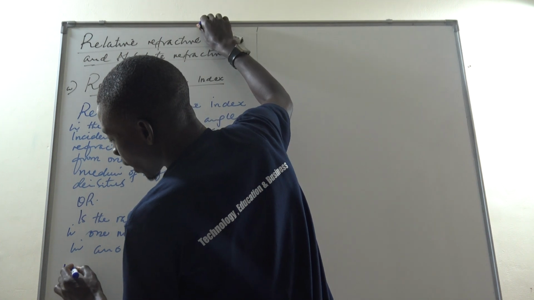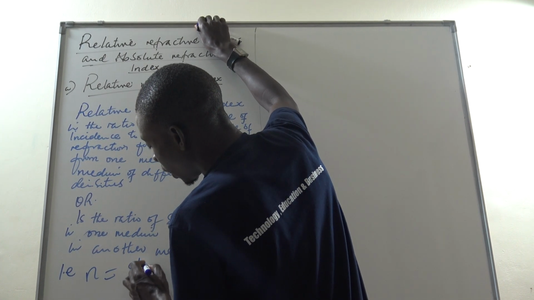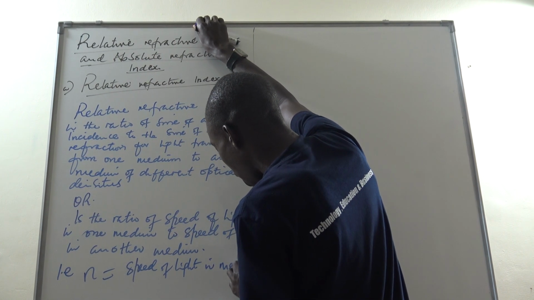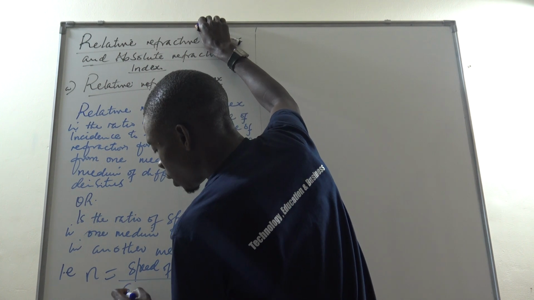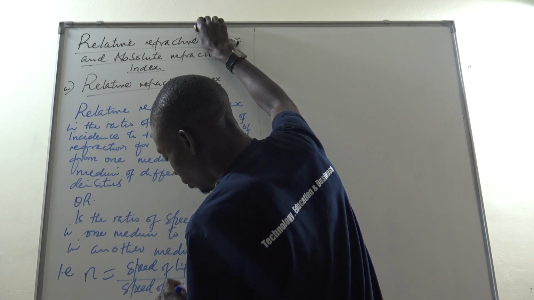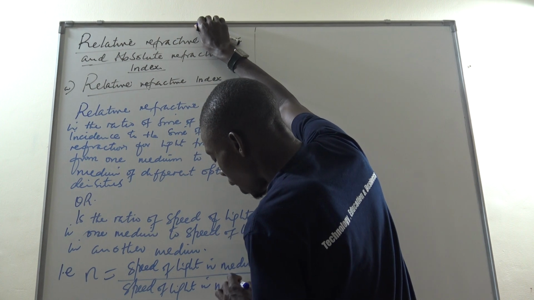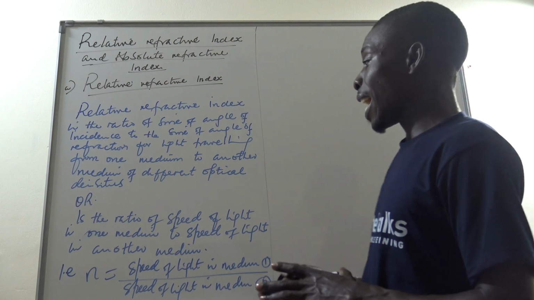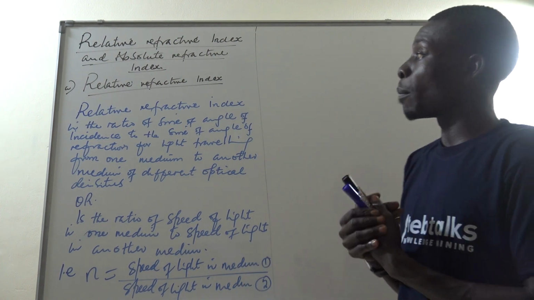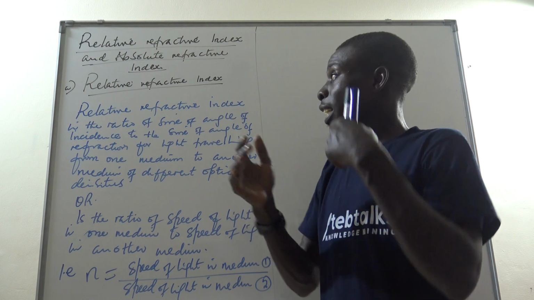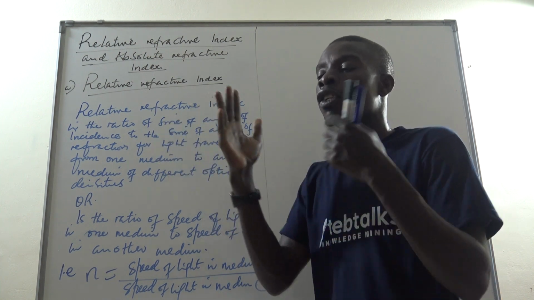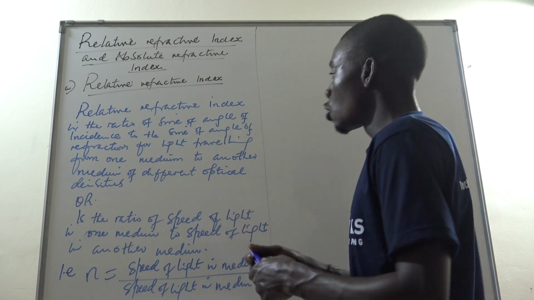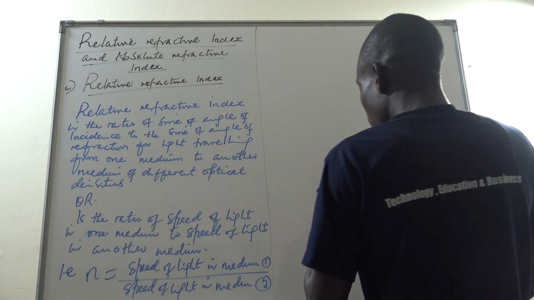So basically we can say it is n equals speed of light in medium 1 divided by speed of light in medium 2. It can also be written like that, and that is basically what we are calling relative refractive index. We look from one medium to another, or the speed in one medium divided by the speed in another medium.